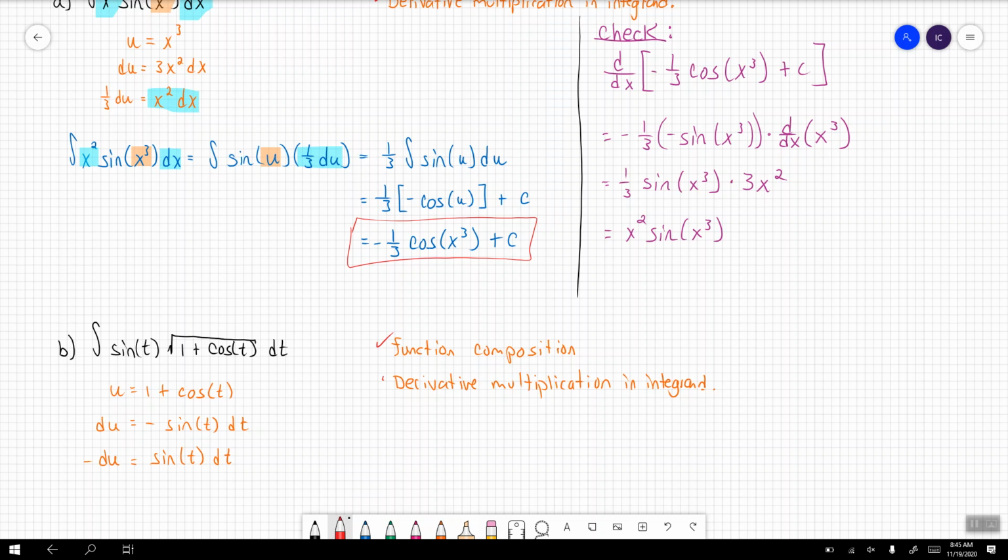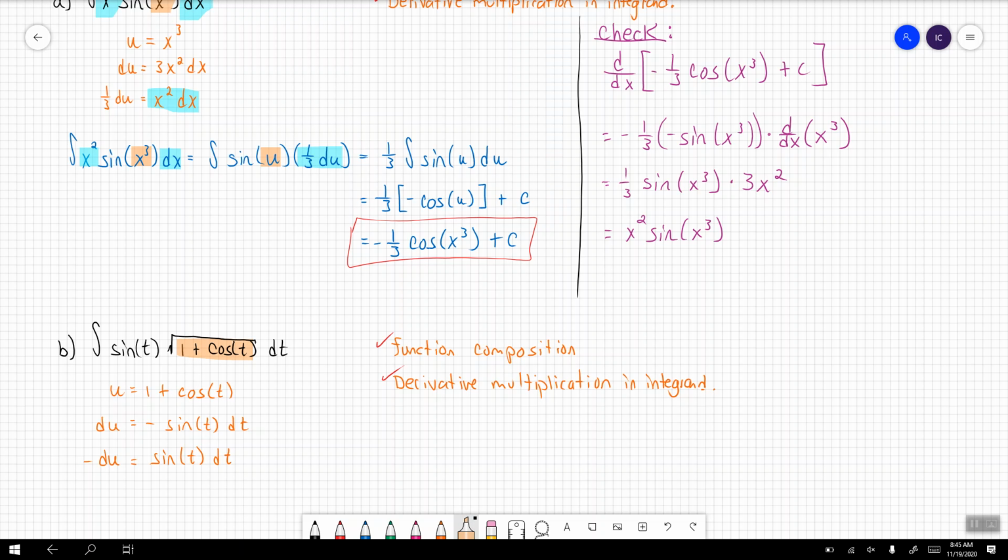So is that differential then multiplying the rest of my integrand? The answer is yes. So both of these conditions are met, which means we can keep going with the substitution. Again, my substitution here, I was saying that 1 plus cosine t, that's my u.